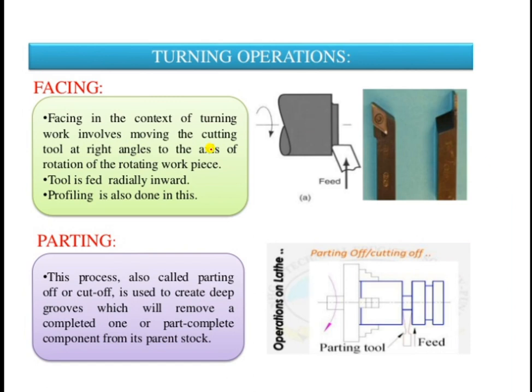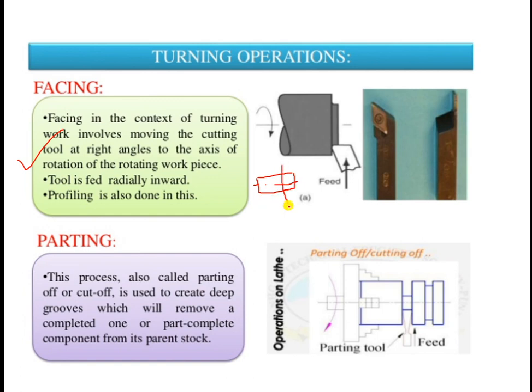Another operation is the facing operation, which may be termed another type of turning, in which the length of the rod, which is being converted into its final shape, is reduced. That means if the length is L, it becomes L minus another dimension.